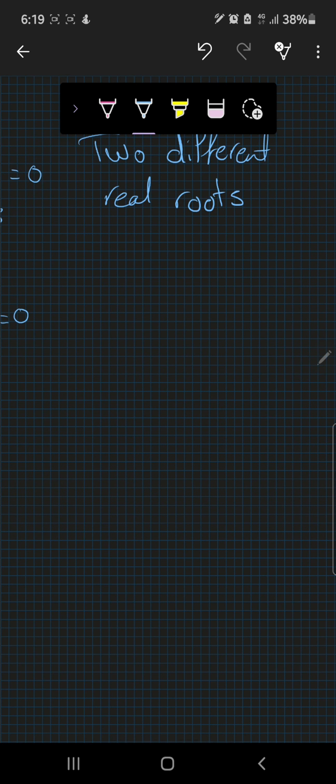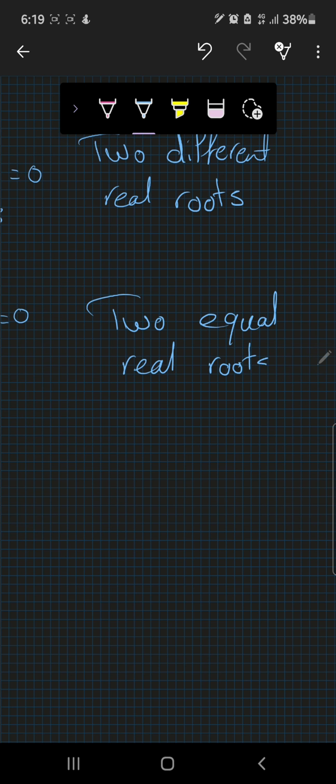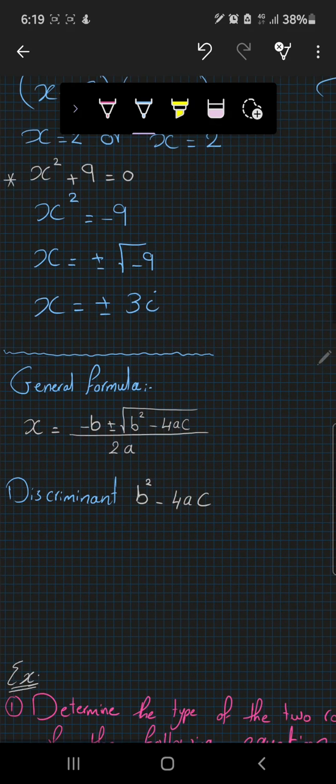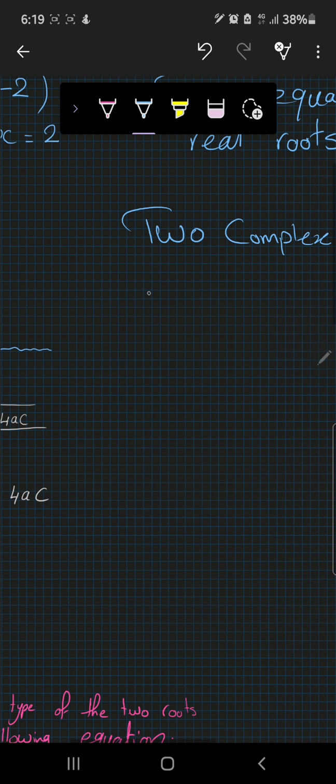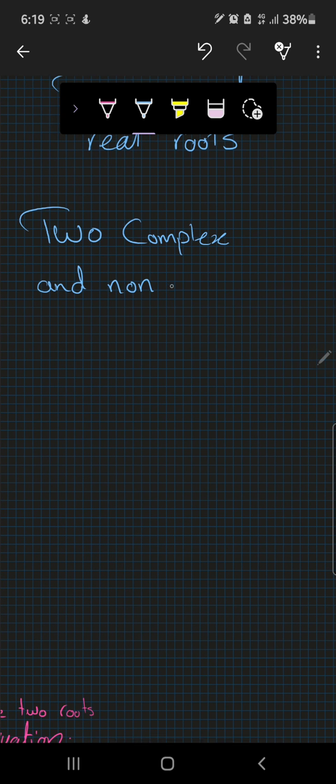So we have two equal real roots. The third, 3i and −3i. So we have two complex and non-real roots.